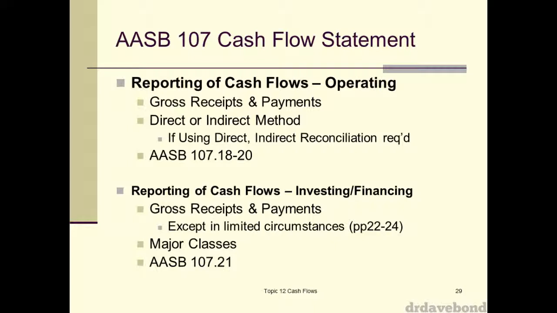They said you had to use the direct method in the financial statement you provide, and you must provide a reconciliation in the note disclosures. As of 4 years ago, Australian companies could choose between the direct method and showing an indirect reconciliation, or showing the indirect method on the front, and that's all that they have to show.